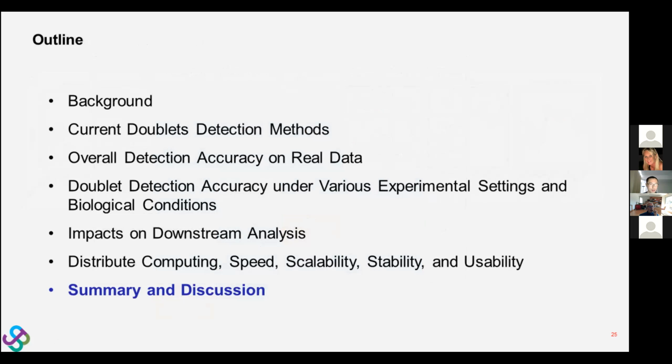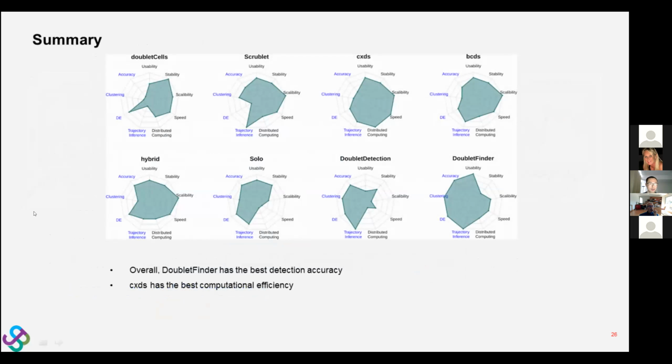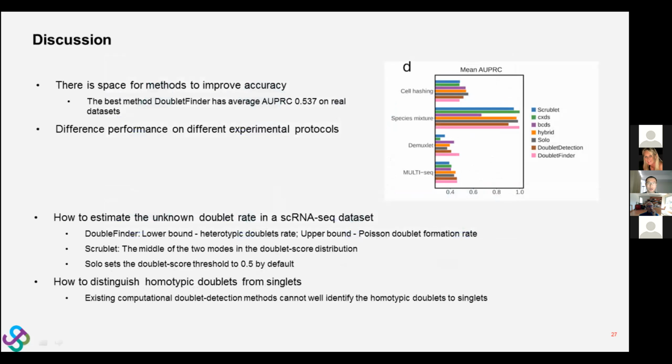So lastly, we want to summarize and give some suggestions. Based on our benchmark, we found that DoubletFinder has the best detection accuracy, and CXDS has the best computational efficiency. We found that there's still some room for methods to improve, because the best method, DoubletFinder, has only an average AUPRC of 0.537 on all real data sets.